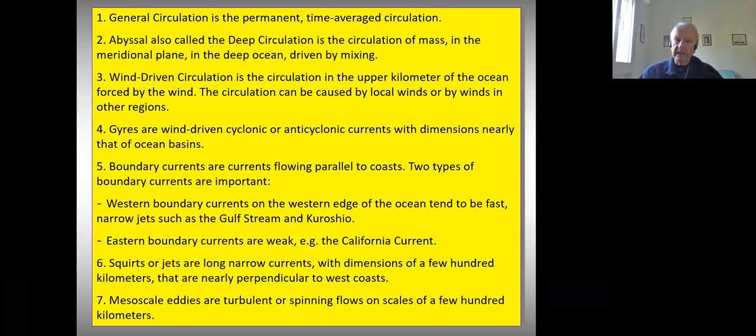And finally, we have the mesoscale. These are turbulent or spinning flows on scales of a few hundred kilometers. Consider that a few hundred kilometers is the scale of these mesoscale eddies in the ocean, but it depends on how big the sea we are talking about is.